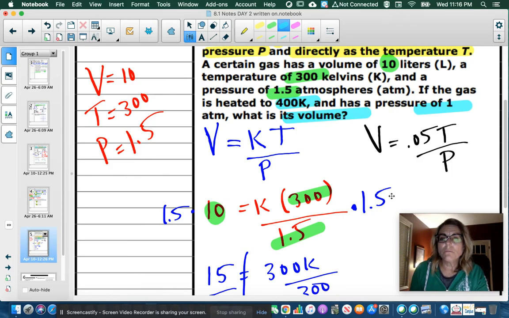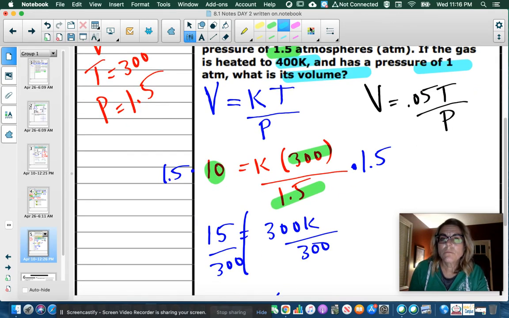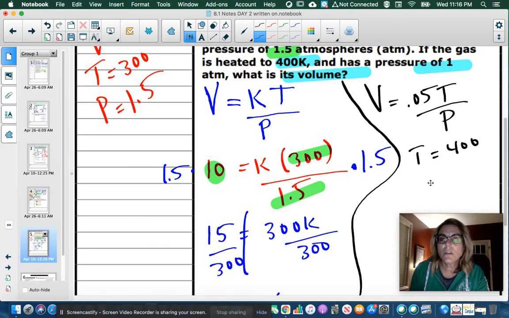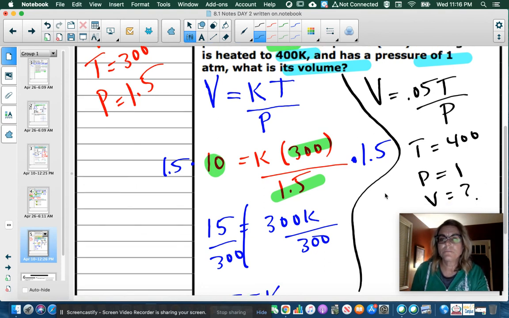what's its volume? So we know T is 400. We know P is 1, and we need to find volume. So let's plug it into that equation.